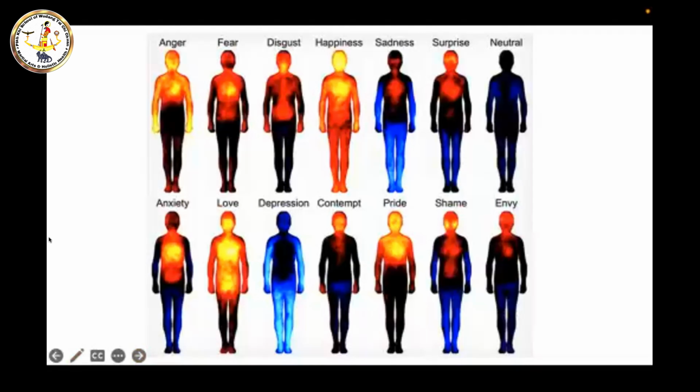If we look at love, we have the three dantians, or the three spaces, warming up or glowing with heat: the groin area, the heart, and even the upper dantian.